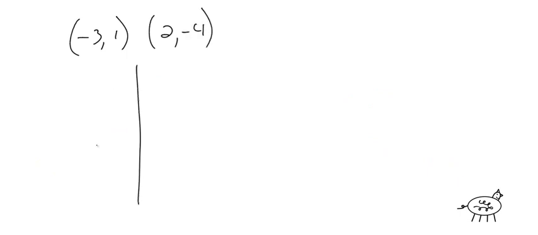Negative 3, 1 and 2, negative 4. So let's graph this. Negative 3, 1 is here, and 2, negative 4 is here.